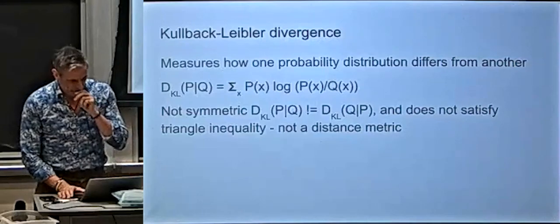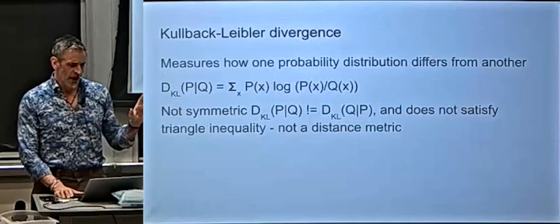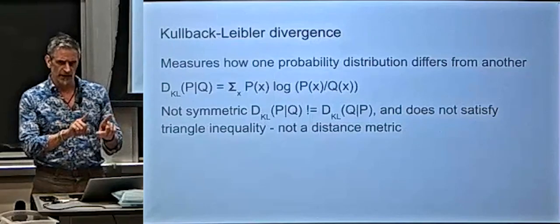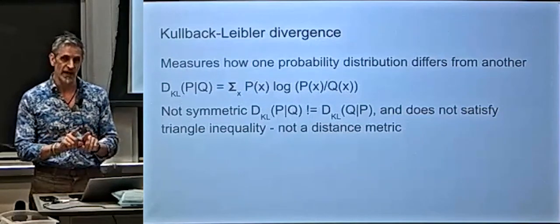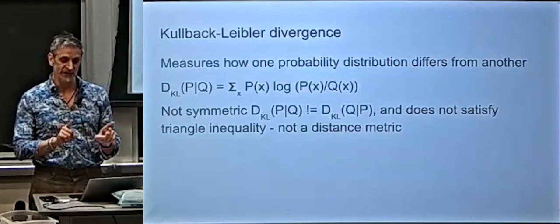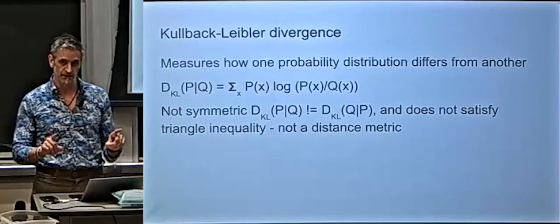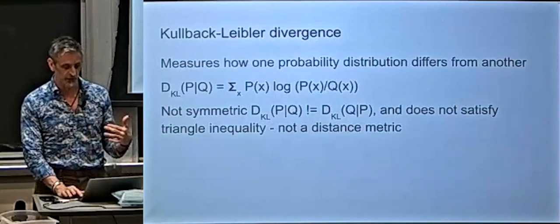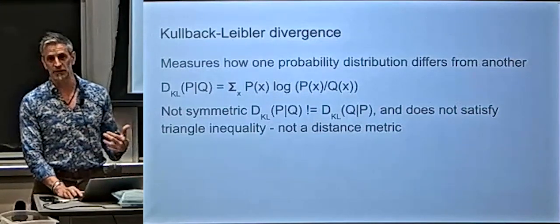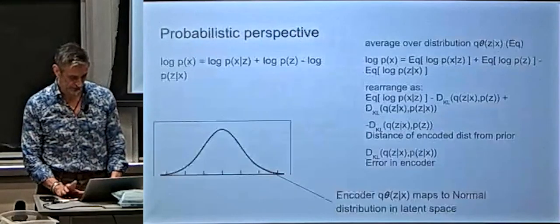Now, just like in a biological system, if we take the KL divergence of P with respect to Q, it is not necessarily the same as the divergence of Q with respect to P, okay? And it doesn't necessarily satisfy the triangle inequality, so it's not really a distance metric. That's why we call it the divergence and not the distance.